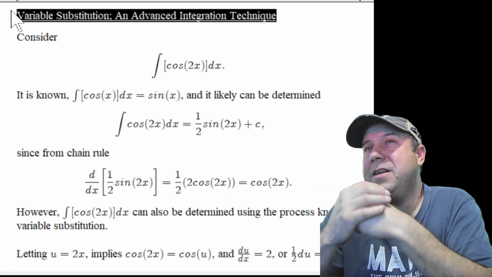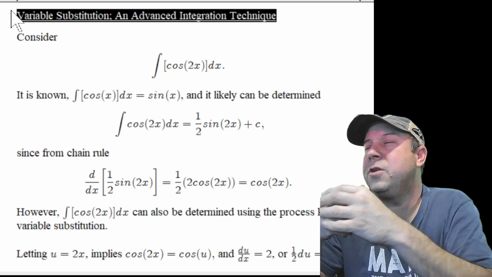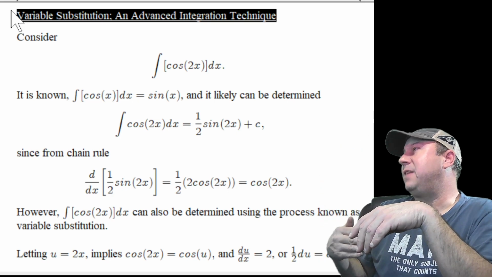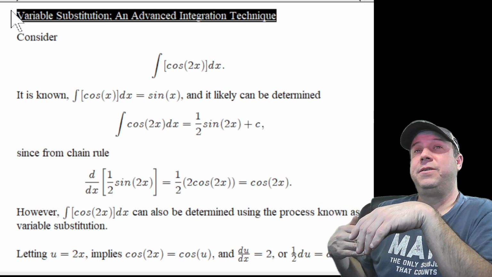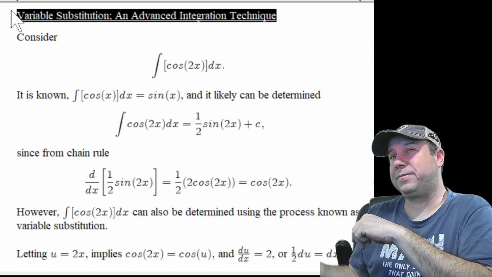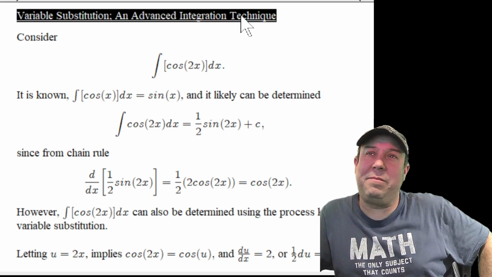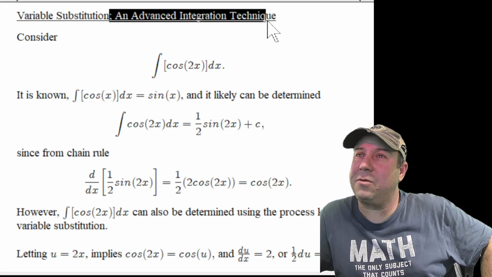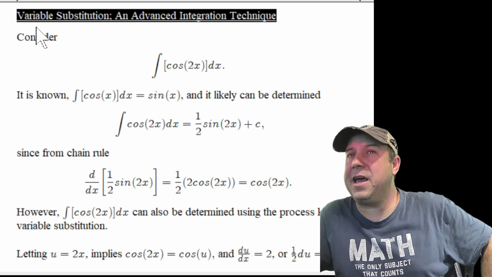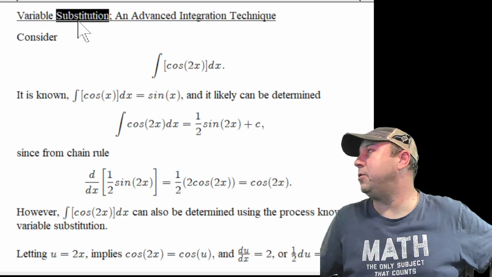And by the end of Calc 2, you're going to have a handful of advanced techniques that can also help you find the antiderivatives of functions or calculate the definite integrals in more complex scenarios. All right. But this is the first of several advanced techniques, the rest of which you'll be presented with in Calc 2. But as you go into Calc 2, you're going to want to be familiar with the process known as variable substitution.